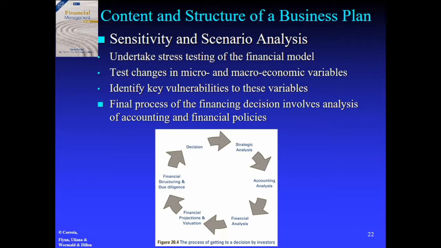If there are changes in macroeconomic variables, for example, such as interest rates and exchange rates, this can have a significant positive or negative impact on the future projections. So the company should indicate what the potential impact will be if there are changes in key macroeconomic variables.